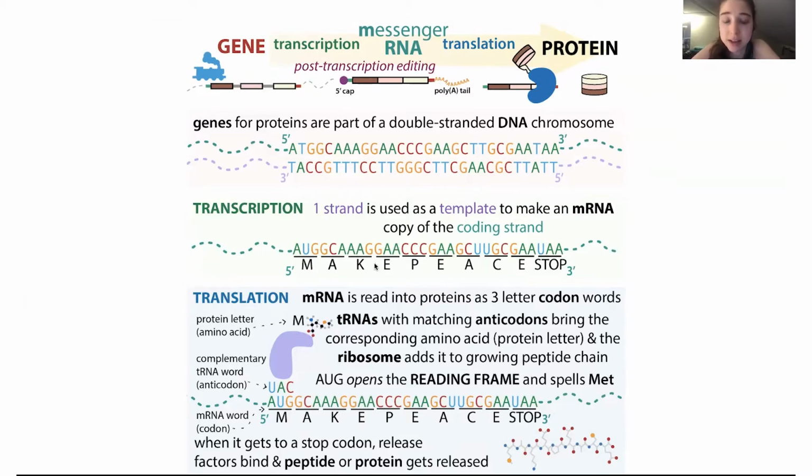Then that gets edited so that the regions called introns, the regulatory regions, get cut out. The exons, the protein encoding instructions, get glued together, and then these messenger RNAs are used by protein making complexes called ribosomes. They travel along to make the protein, and they know what order of amino acids to link together because they're following the instructions in this messenger RNA.